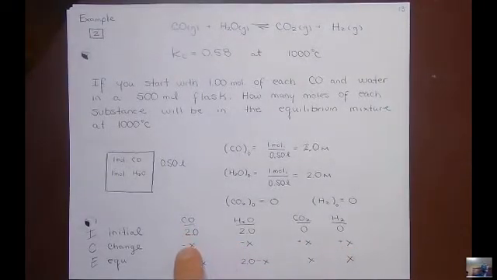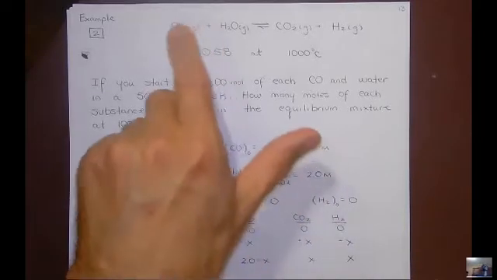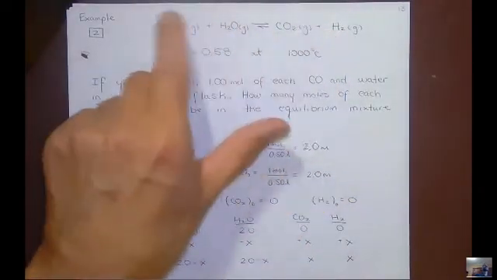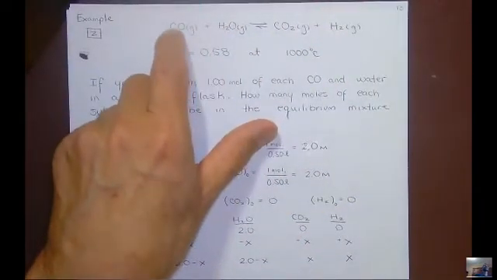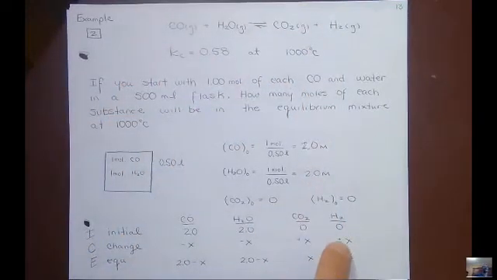They don't always have to be x. Sometimes they could be a number if you know that number, right? Sometimes they can be 2x or 3x. Why would that be? Because the coefficients were different. If this guy had a 2 in front of it, for every 1 carbon monoxide that reacted, I would create 2 hydrogens. So over here, I'd have to call that 2x. So we'll see some like that.